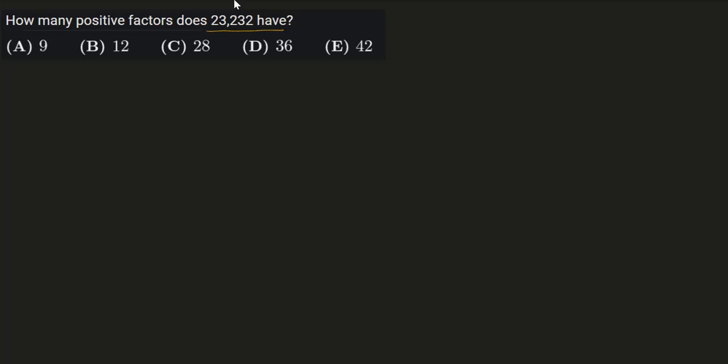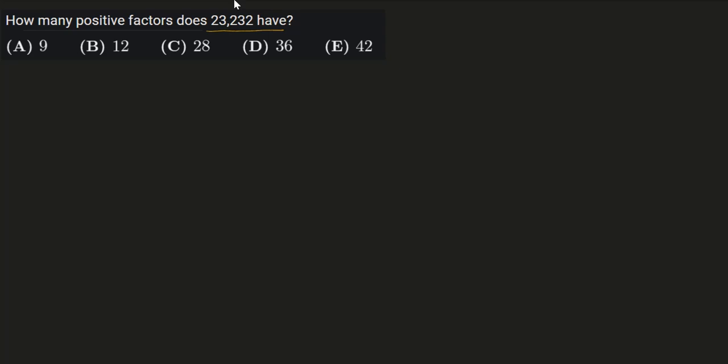As I mentioned multiple times in my past videos, when students prepare for AMC 8, MathCounts, AMC 10, 12 kind of math exams, prime factorization is a very powerful tool, especially in handling number theory problems. And here is another example.